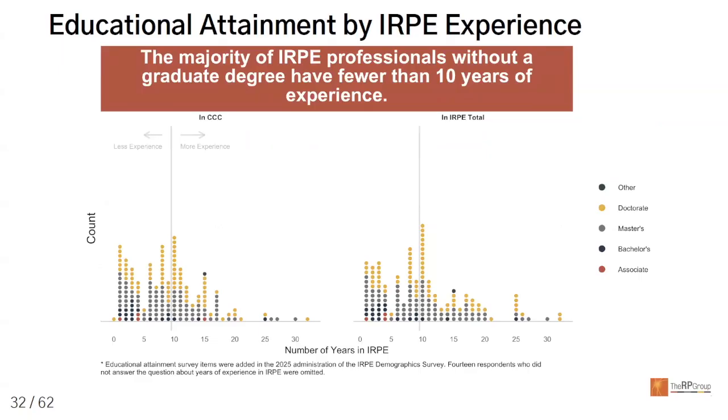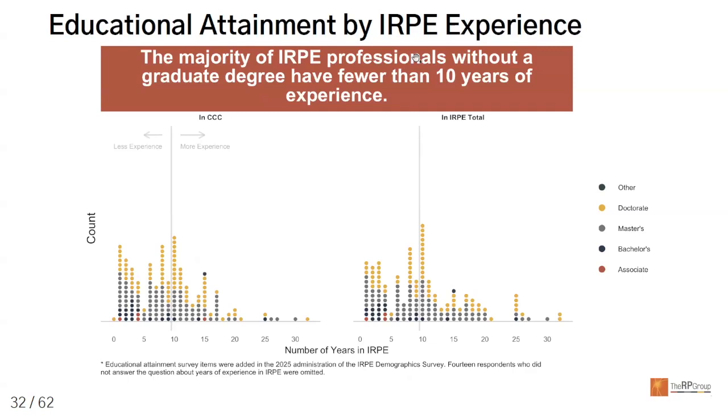Pulling a Jake, I got mixed up because of my role in this one. Educational attainment by IRPE experience. A majority of the field without a graduate degree has fewer than 10 years of experience. That is what we're comprised of.